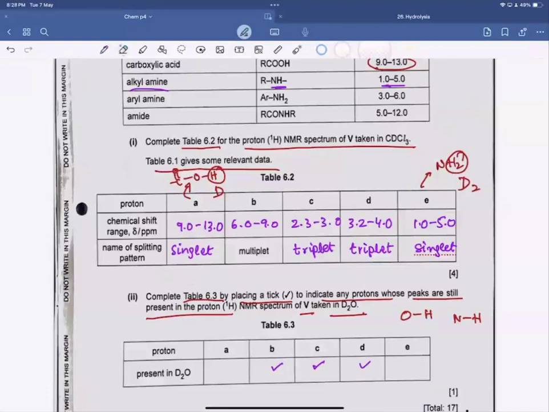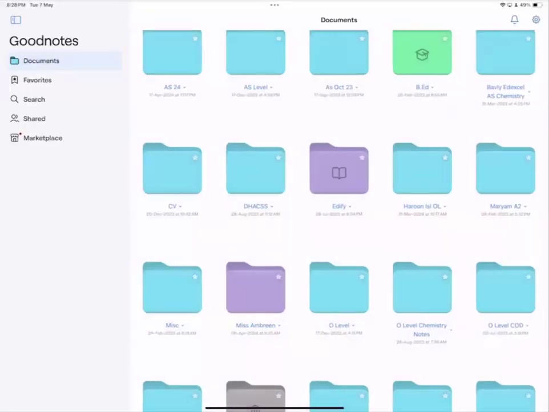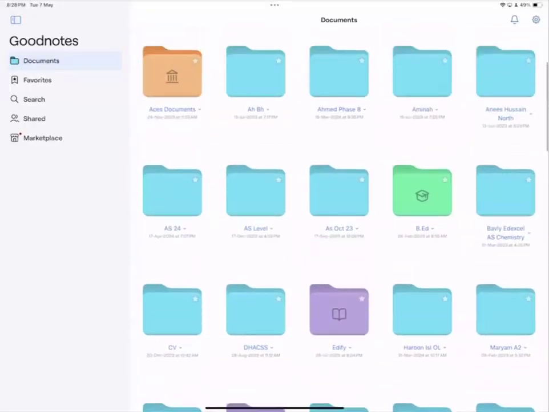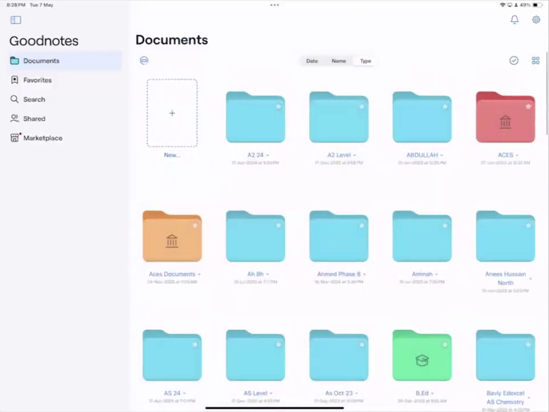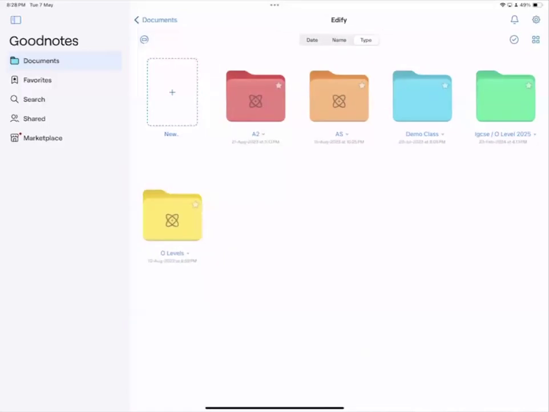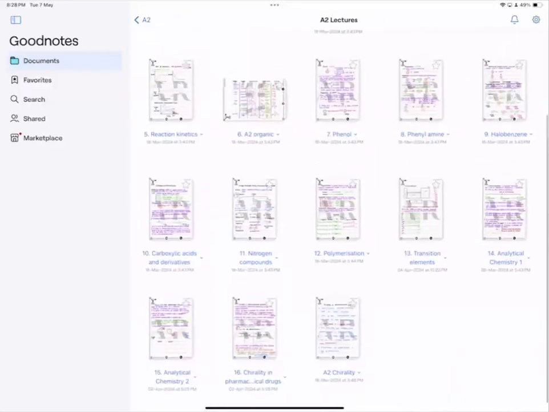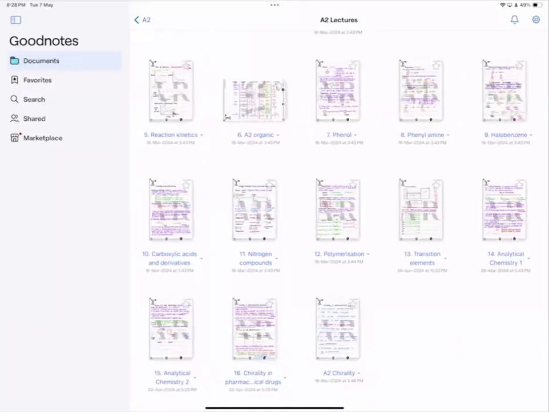No, there is. Let me show you. I've shared the file with you guys, right? I've shared the whole zip file over there in the group. See, there are two parts, 14 analytical chemistry 1 and 15 analytical chemistry 2.